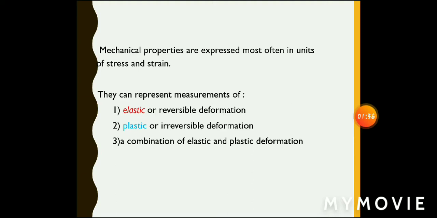That is why the mechanical properties are most often expressed in units of stress and strain. Whenever it is expressed, they can represent measurement of elastic deformation or plastic deformation or a combination. Elastic is reversible deformation, plastic is irreversible, or a combination, which will be dealt with later.